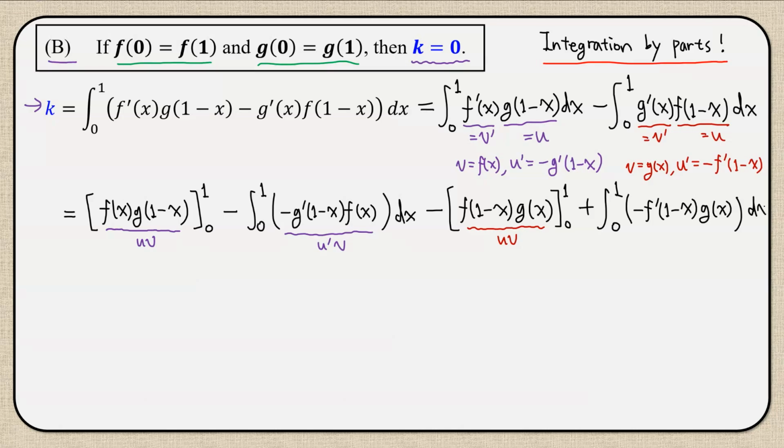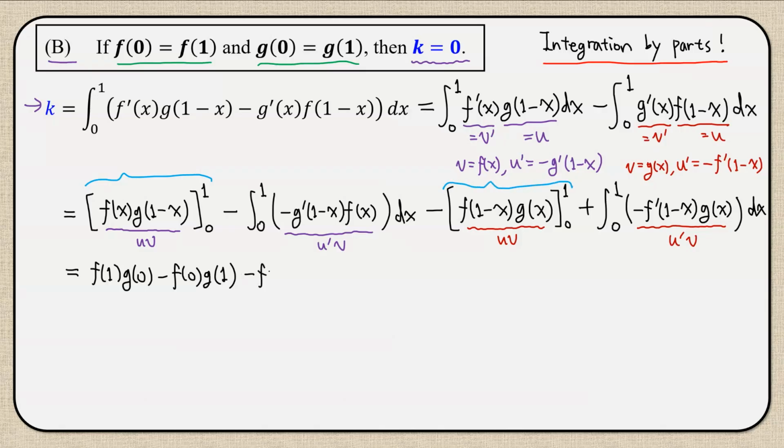So we have first this part, which is f(1)g(0) minus f(0)g(1). And then let's write this part, which gives minus f(0)g(1) plus f(1)g(0).